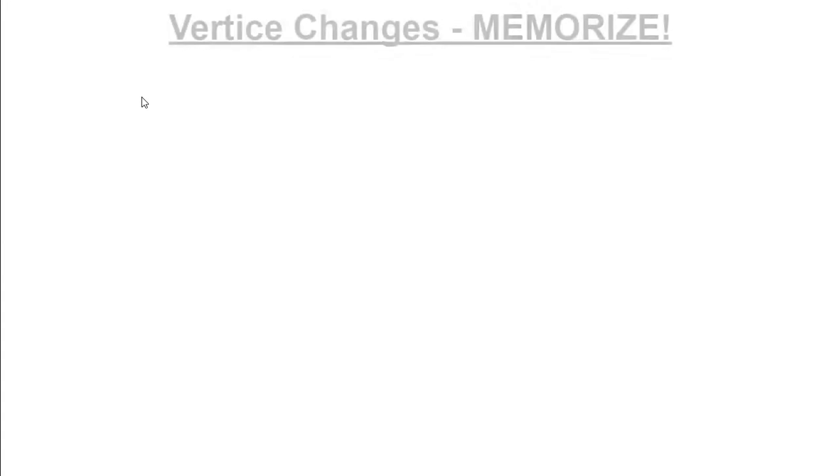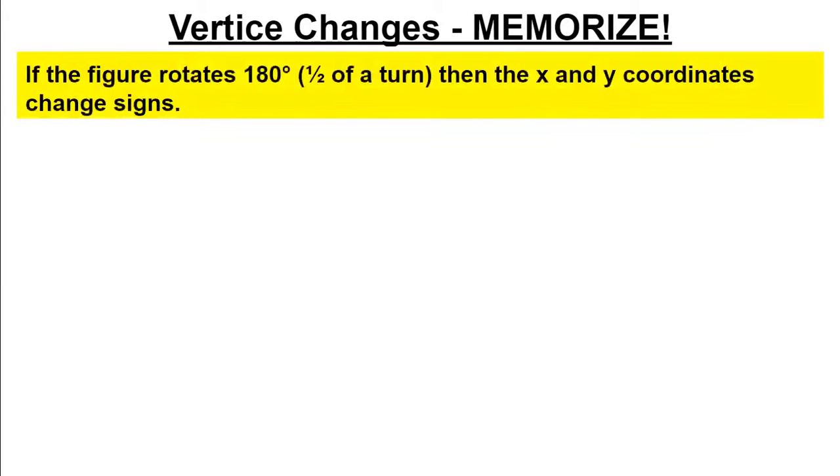Okay, welcome back. We have some things we have to memorize. So I am going to show this to you, and then I'm also going to show you a graphing example as well. If a figure rotates 180 degrees, remember that's a half a turn, then the X and Y coordinates will change signs.